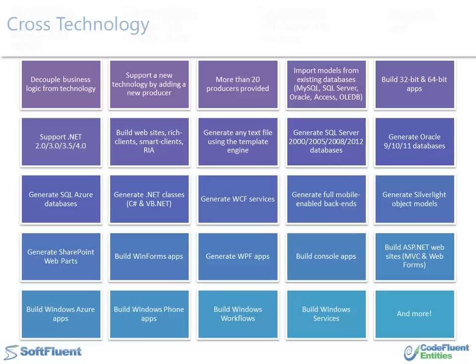If you want to go from SQL Server to Oracle, you just switch the producers. If you want to go from VB.NET to C#, you just click on a button. So it allows you really to be cross-technology, and the code that is generated can be used in any .NET Microsoft technology, may they be SharePoint, WPF, Silverlight, ASP.NET, MVC, or web forms. And that's another key point with the product.